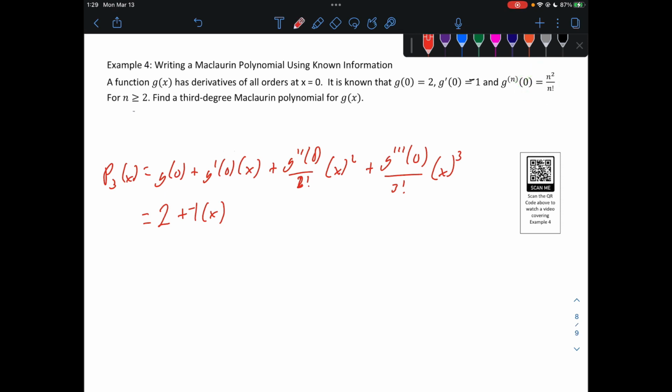So g double prime of 0 is going to be n squared over n factorial. So that's 2 squared over 2 factorial, over 2 factorial, x squared, plus 3 squared over 3 factorial, over 3 factorial, x cubed.